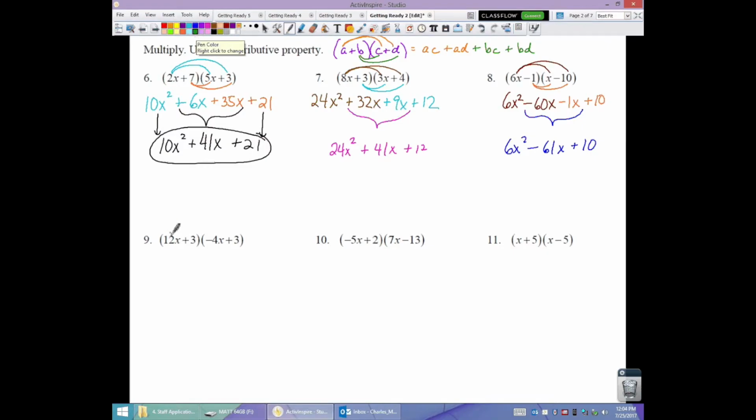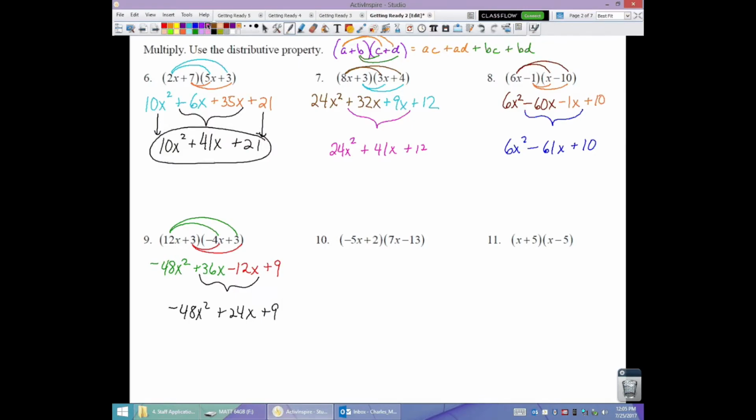Number 9, 12x gets distributed, makes negative 48x to the second plus 36x. 3 gets distributed, becomes negative 12x plus 9. Like terms again in the middle two terms, so negative 48x squared plus 24x plus 9.